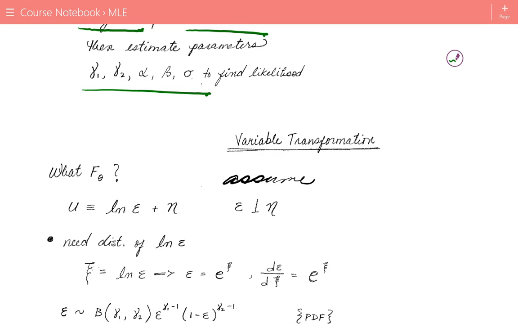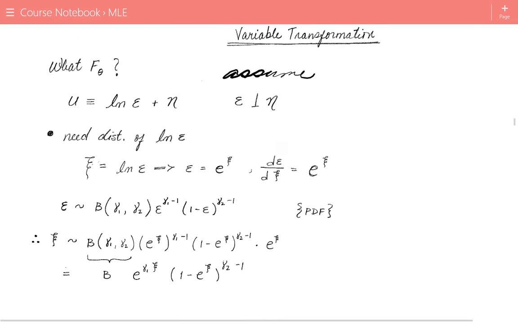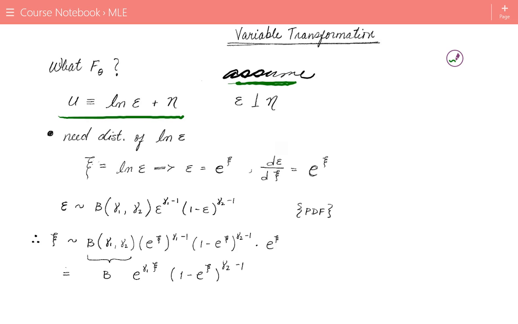So how do I do this? Well, we're going to use a variable transformation approach. Okay, so u is log epsilon plus eta, and I'm going to assume that eta is independent of epsilon. And this is an assumption. It's an independence assumption. And as we do with so much in statistics, there comes a point where we have to make assumptions. And in this case, I'm going to proceed with this assumption in mind.